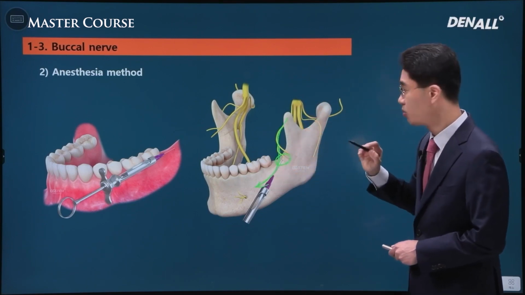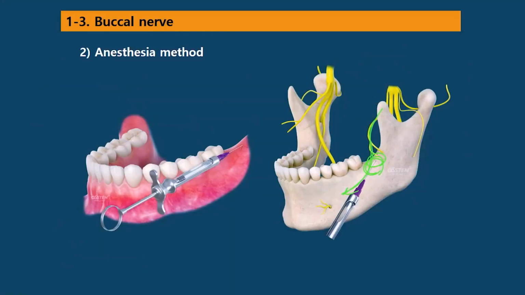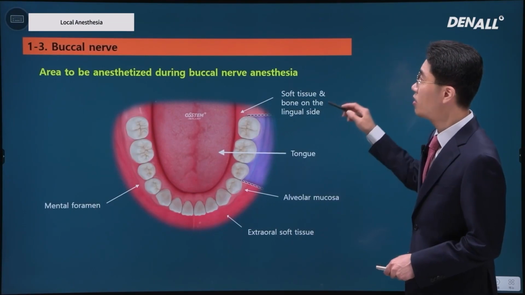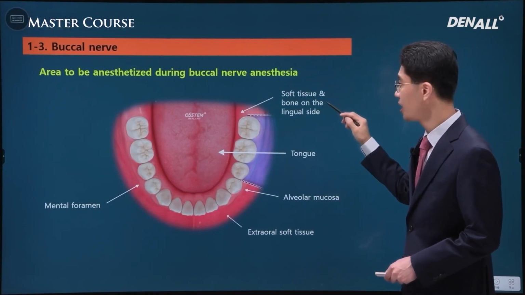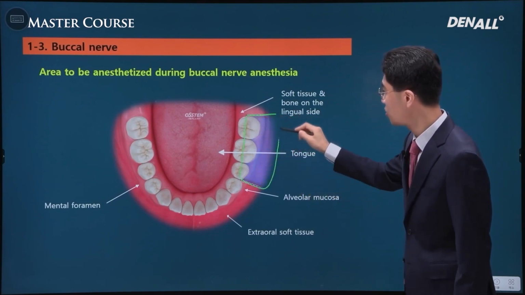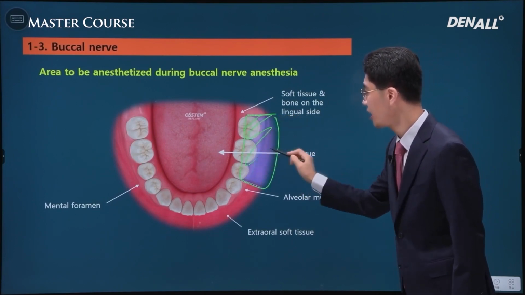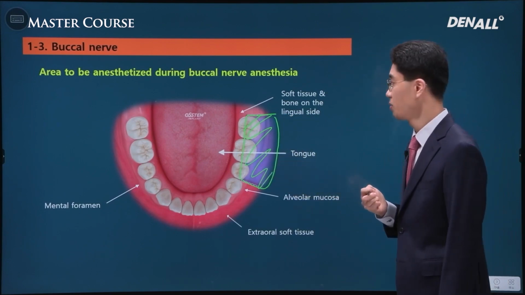Following the position, we need to insert the needle accordingly to the distal part of the most distal teeth in the lower jaw. As shown, when you do block anesthesia on the buccal nerve, the area that is shown in purple is anesthetized. This is how block anesthesia is performed on the buccal nerve.